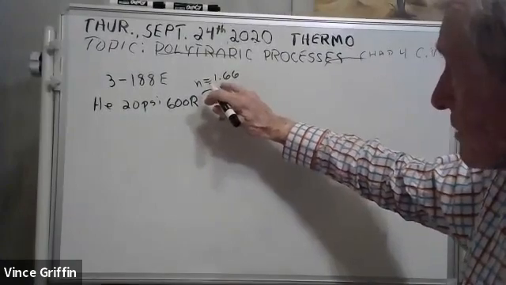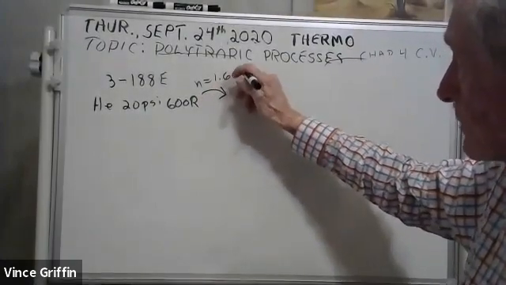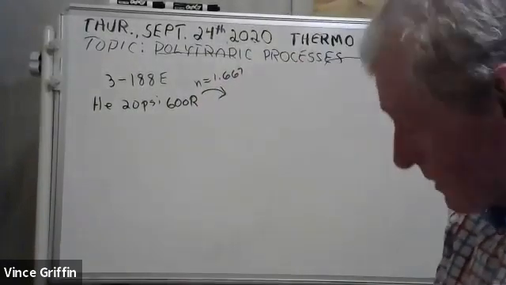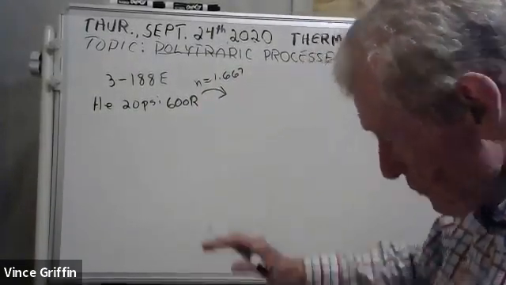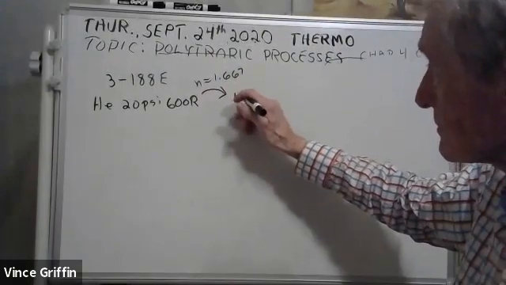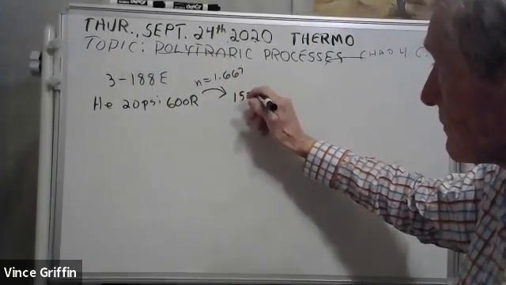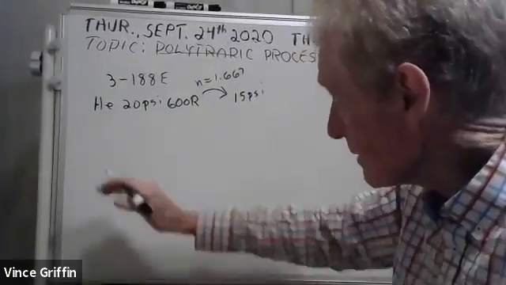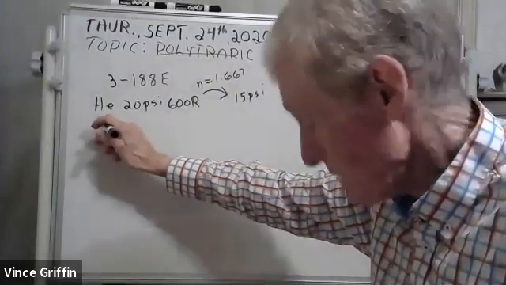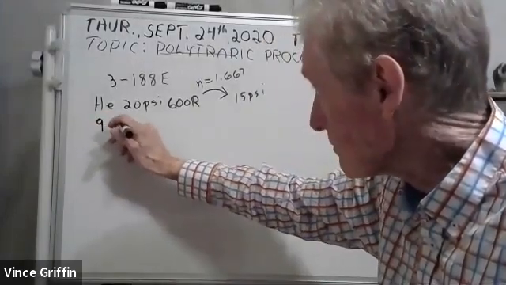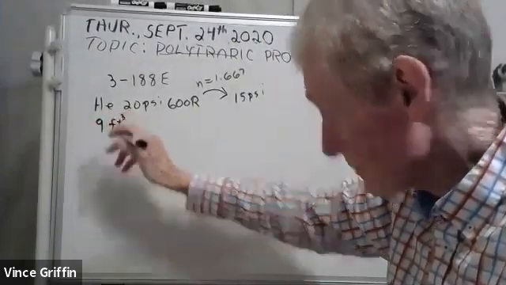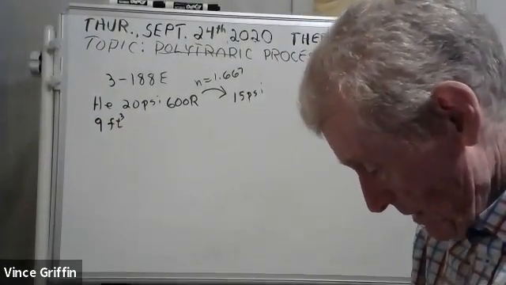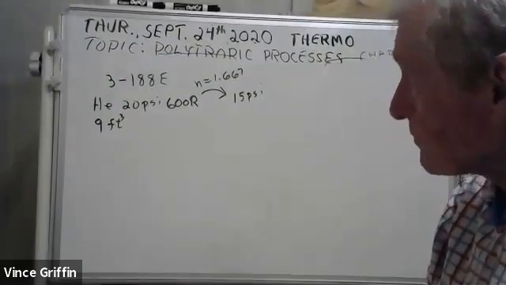Actually, it's a bunch of 6s forever, but they just rounded off the last one there. And it's going to go to 15 psi. They said it starts off with 9 cubic feet. And they want the heat transfer.